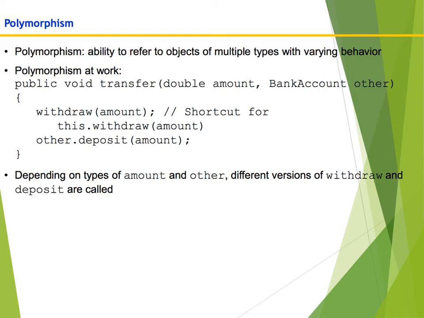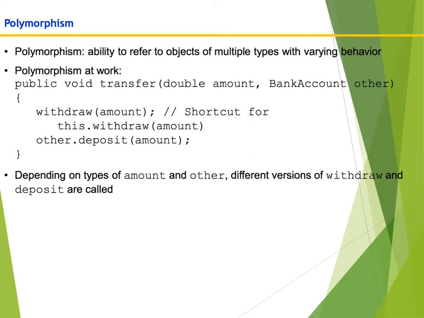The type of other is BankAccount. But since BankAccount is the superclass of both CheckingAccount and SavingsAccount, and maybe any other type of bank accounts, you can call transfer for any type of accounts, and you don't need to write different methods for different types of bank accounts.